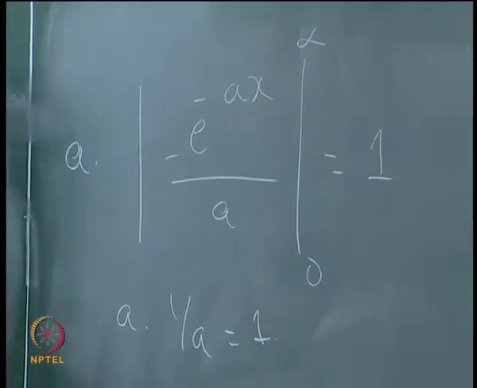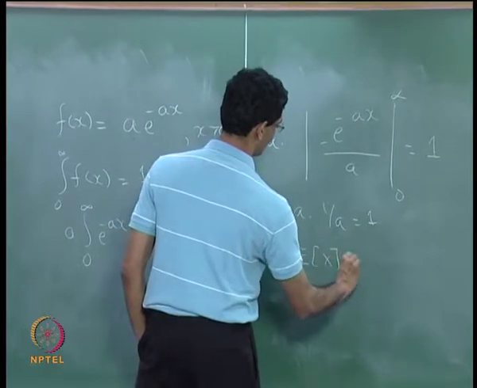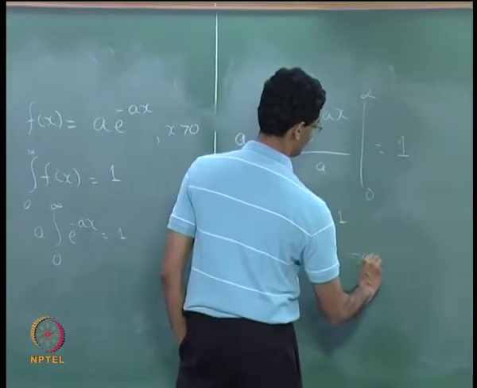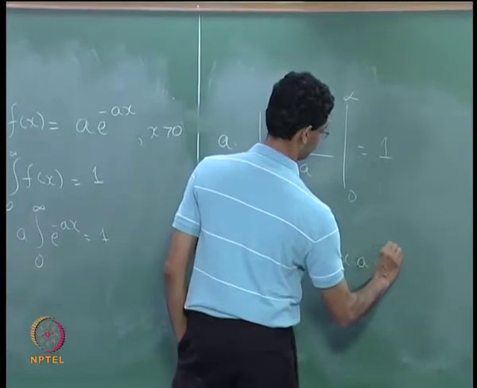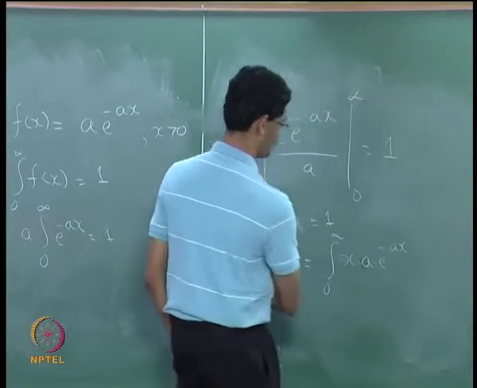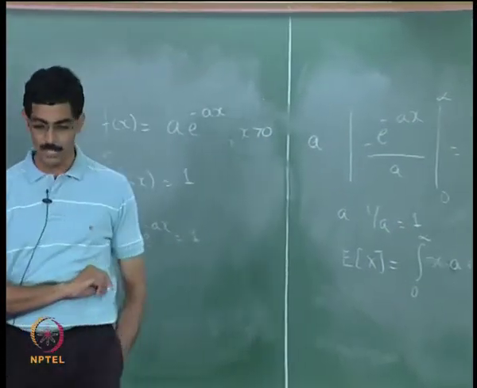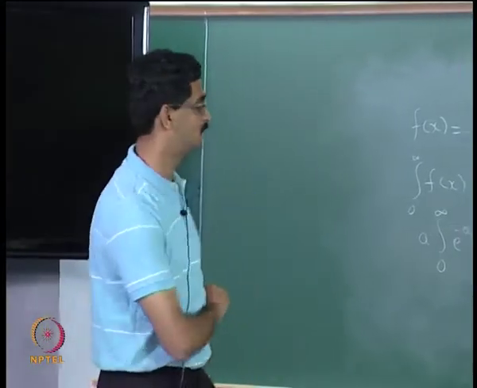Therefore we know that this will integrate up to 1, so my f of x is a e to the power minus a x. So what is the mean of this distribution? What is the mean value taken by x?